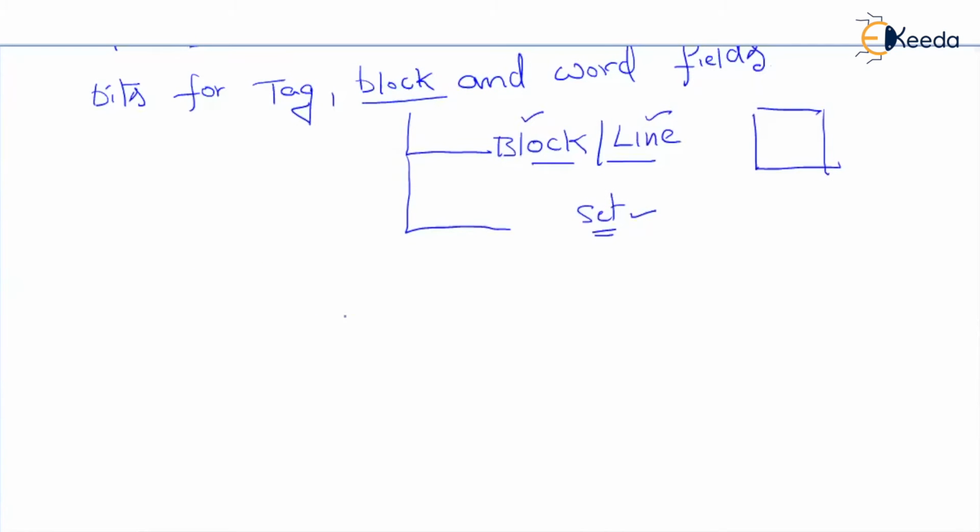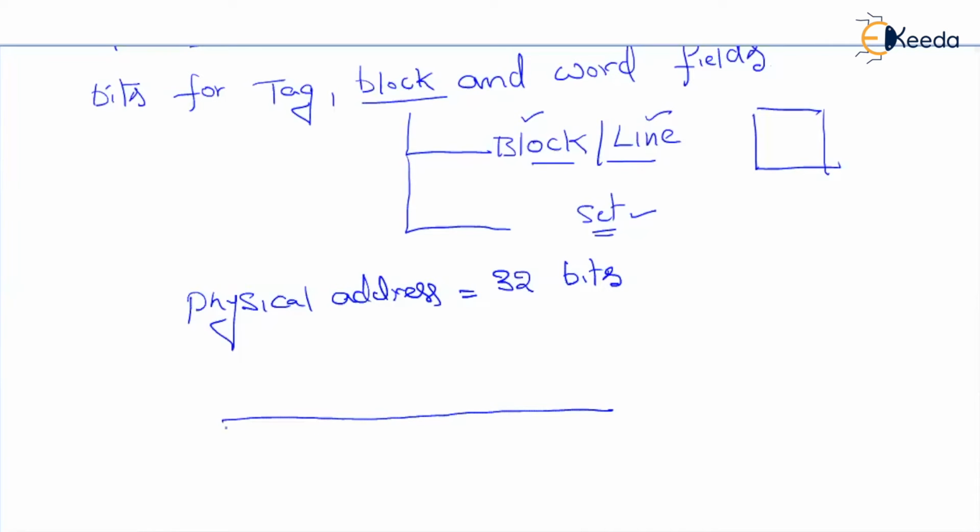Here you know that the physical address is equal to 32 bits. So the physical address, you draw it, which is equal to 32 bits.